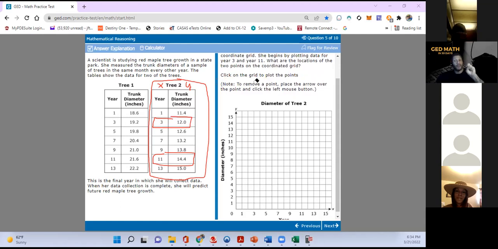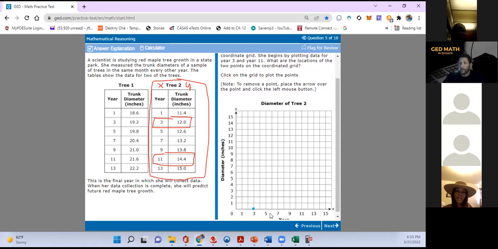Make sure you understand the concept and what they're asking. Right away, when they say click on the grid to plot the points, if I have to plot a point, I need an X and a Y. So the 2 things I'm going to get from it are tree 2, year 3, and year 11. So I'm going to go here. My first point is going to be what? 3. So right there, I'm just going to click right here.